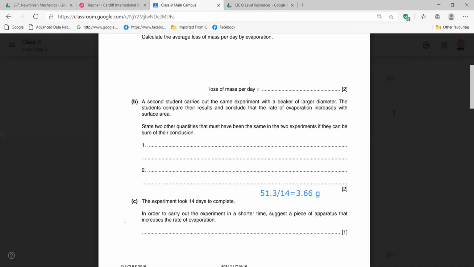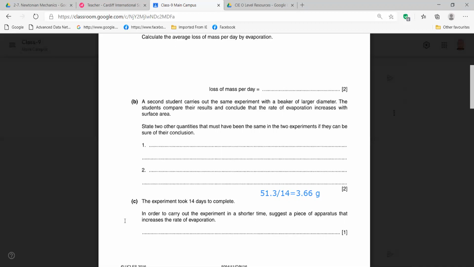State the other quantities that must be the same in the experiment if they can be sure of their conclusion. So what should be the same?